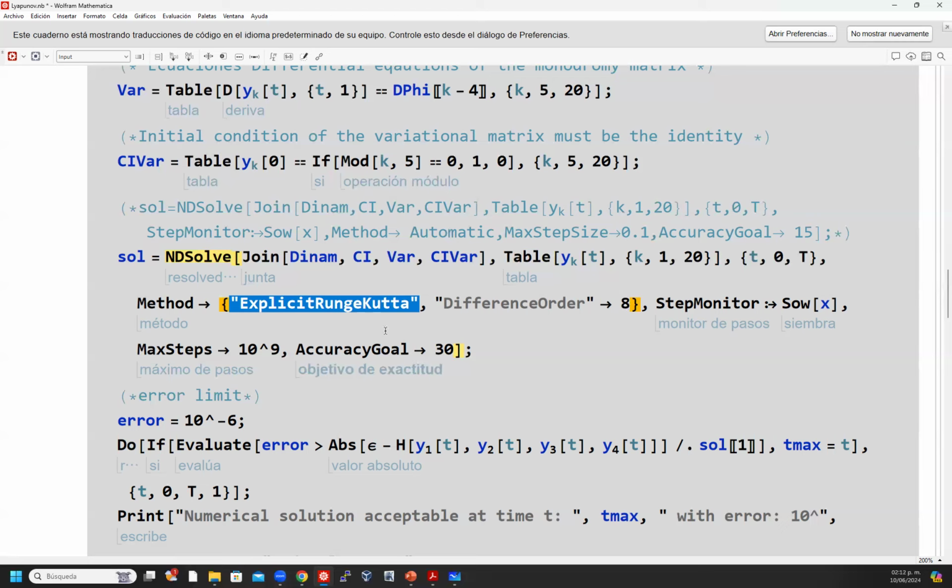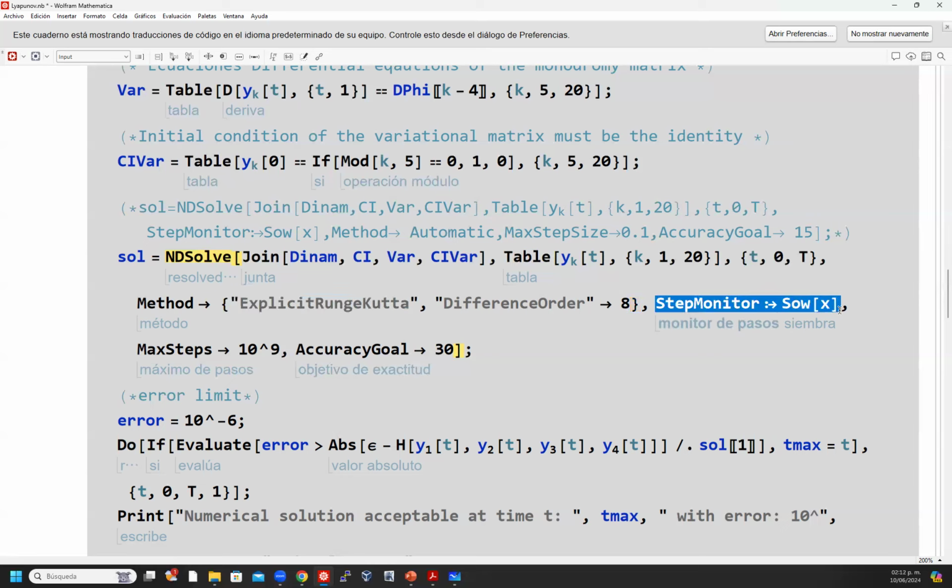And here I say, okay, improve the numerical method using steps of 10 to the 9, a lot of steps in this window of time, and improve the numerical precision in Mathematica. Usually the numerical resolution is 15, but I improve it to 30.